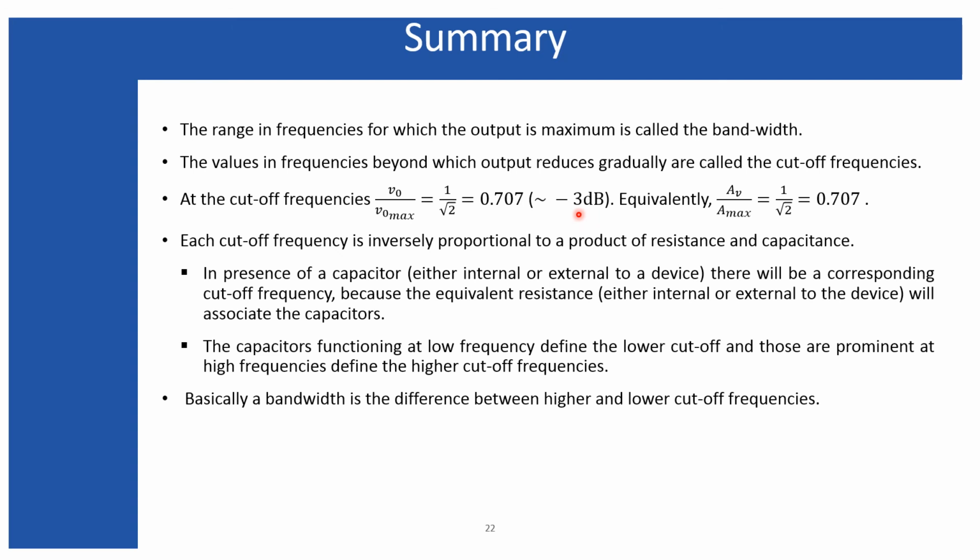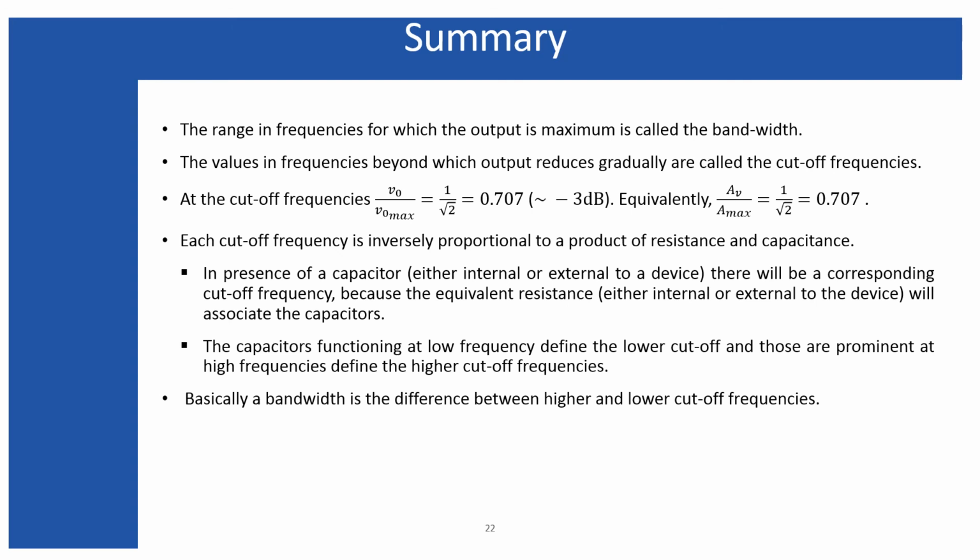So you will hear about the minus 3 dB bandwidth, which means you are taking the difference of the frequency range when the magnitude is at minus 3 dB, or equivalently when the output voltage is 1 over root 2 of the maximum output voltage. Like this we can decide the range of frequencies within which the output is maintained, which is actually the bandwidth.